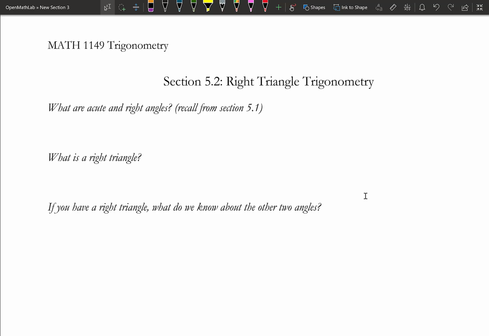Remember that acute angles are going to be in between 0 and 90 degrees. So if theta is in between 90 degrees and 0 degrees, or if theta is in between 0 and pi over 2 radians, then this would be acute.